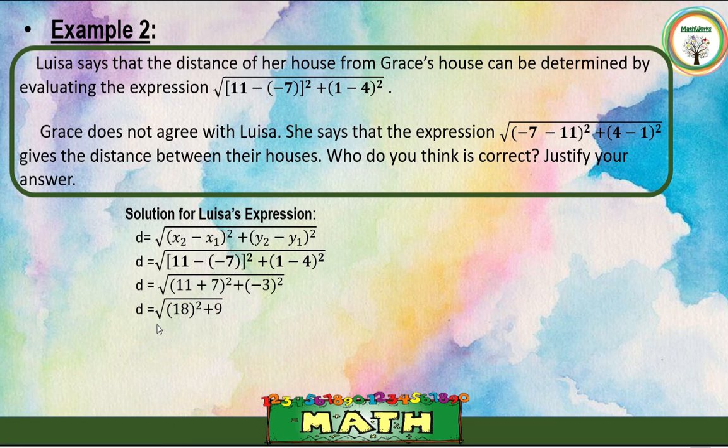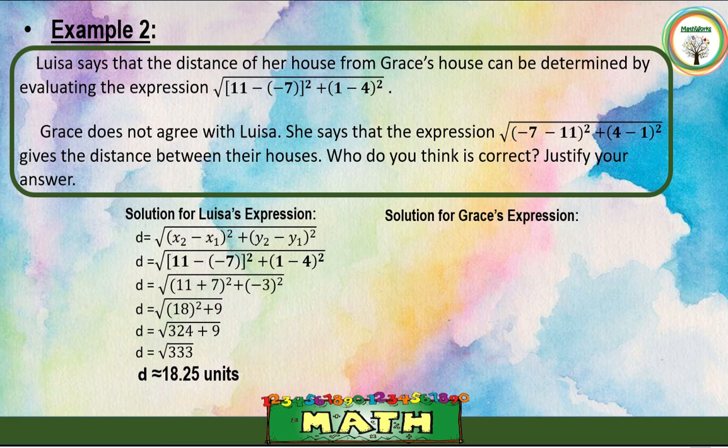Simplify, D is equal to the square root of 11 plus 7 is 18 squared plus negative 3 squared is equal to 9. D is equal to 18 squared is 324 plus 9. D is equal to the square root of 333. Therefore, distance based on Louisa's expression is approximately equal to 18.25 units.